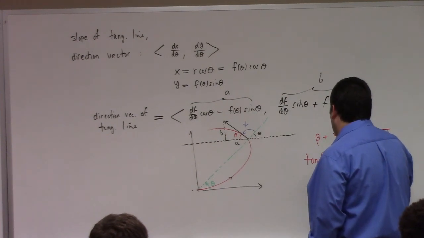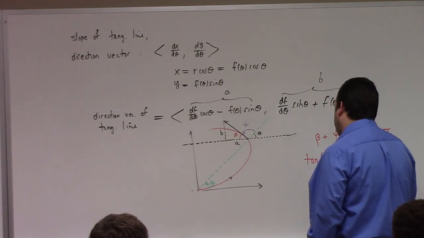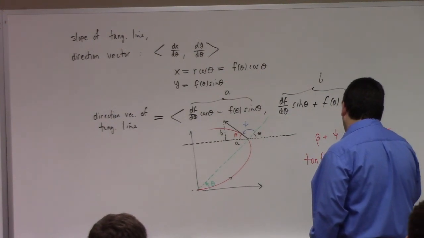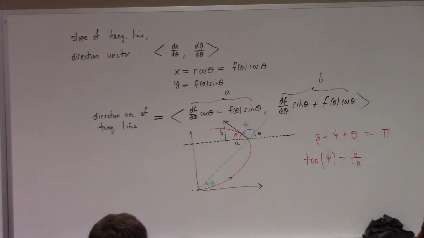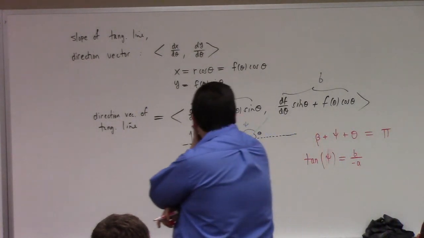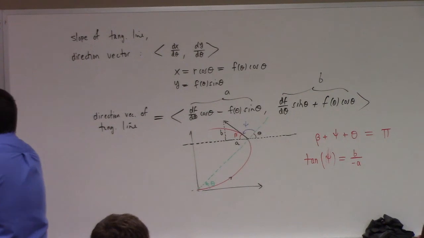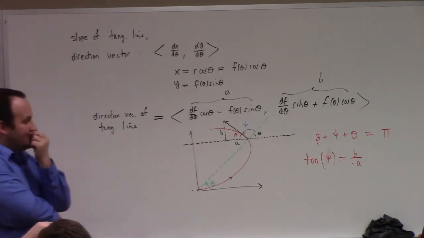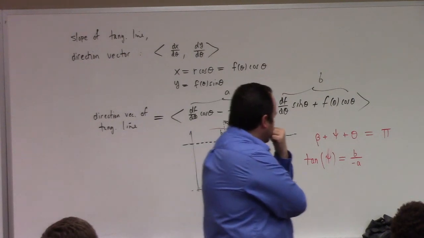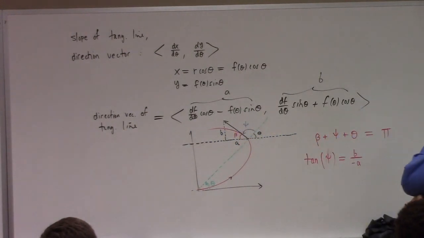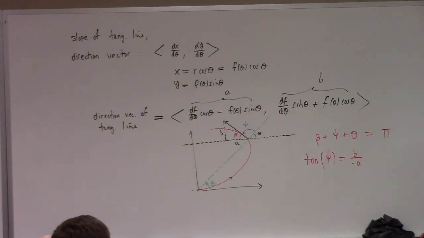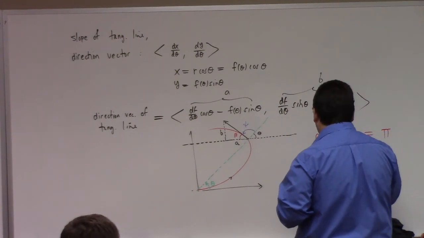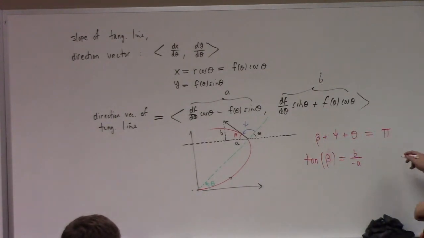Oh, I'm sorry, tangent of beta rather is equal to B over minus A, I believe. I'm sorry, guys.